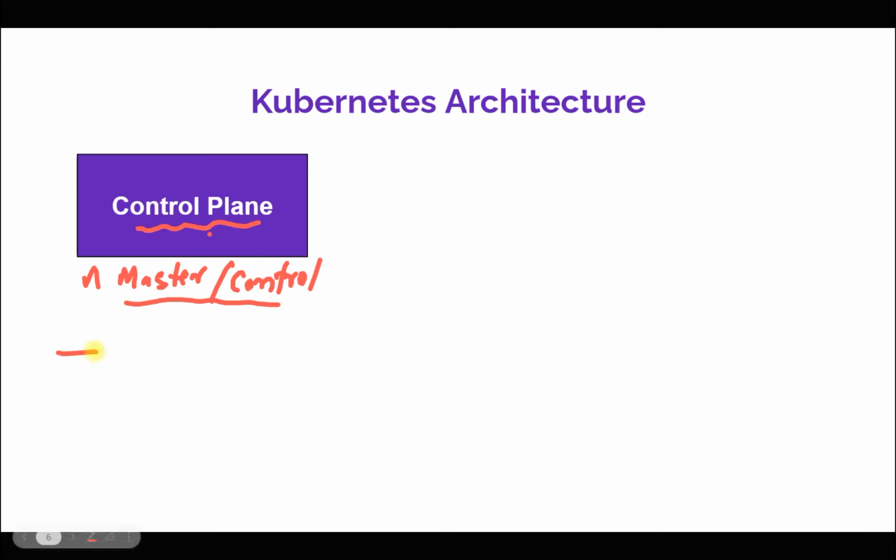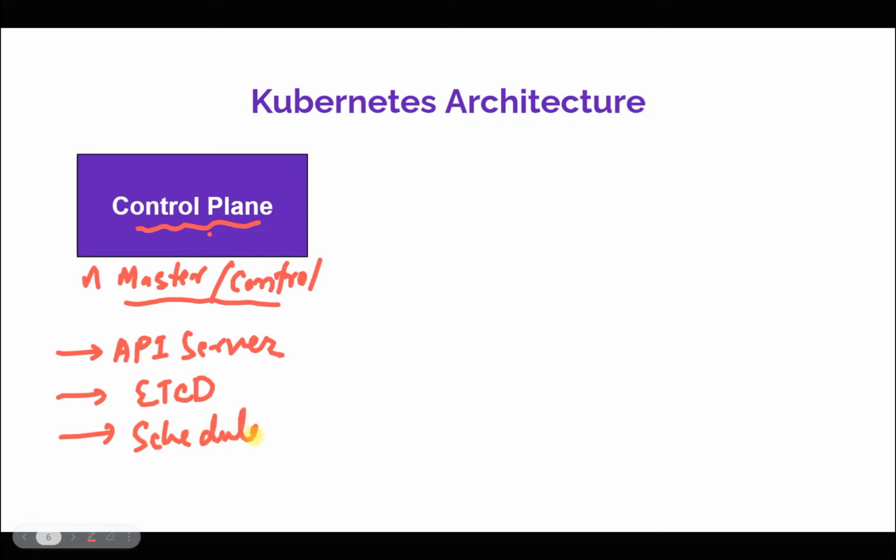So the basic components are the API server. Next we are having etcd. Next we are having the scheduler, and then we are having the controller manager. Okay. So these are the four basic components within Kubernetes, which do all the work of managing everything related to the pods and containers, and take care of scheduling and other controllers as well.